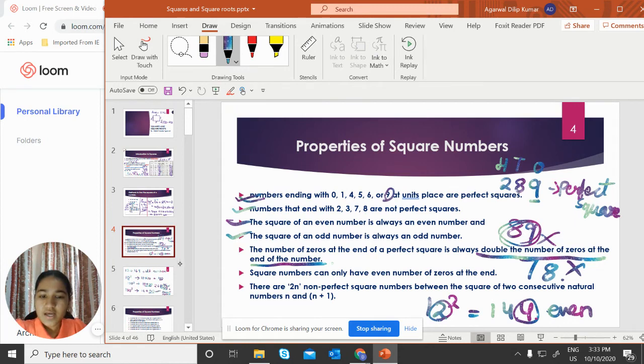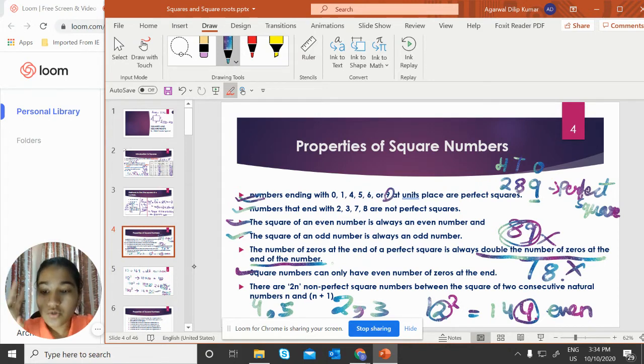Next. This is also clear, I think, right? Next, there are 2n non-perfect square numbers between the squares of two consecutive natural numbers n and n plus 1. So what do we mean by consecutive? It's next to next. So the consecutive number of 2 is 3, of 4 is 5.